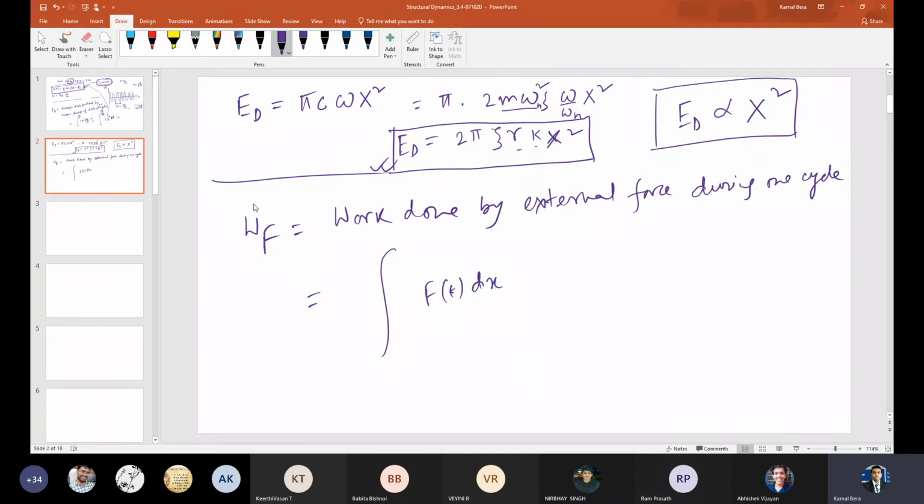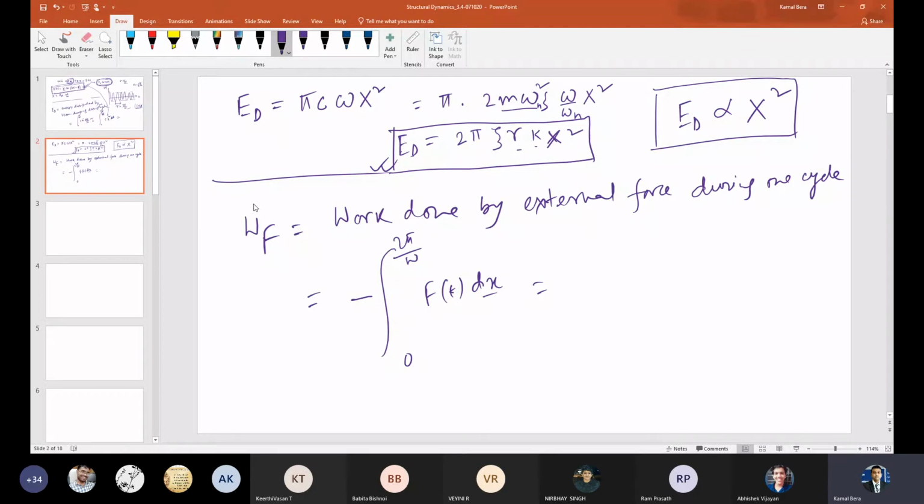Very good. Again, it is one period, so 2 pi by omega. You can convert it to dt, right? And it has to be a minus sign, because it is opposite to the viscous damping. So again you convert it to dx by dt.